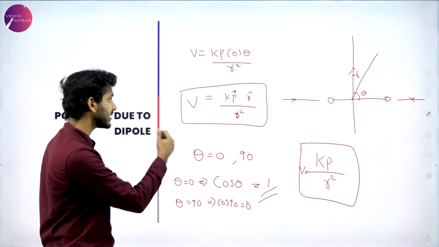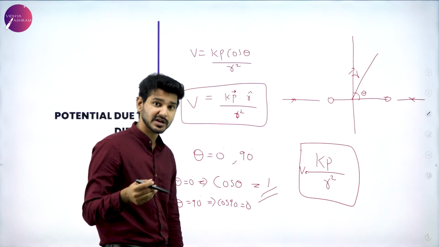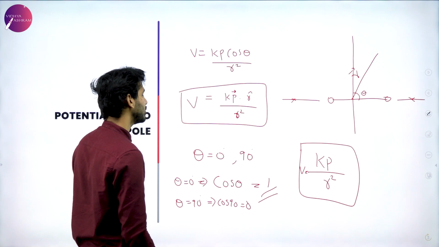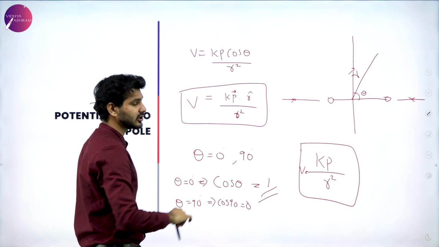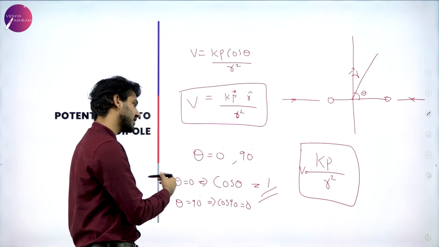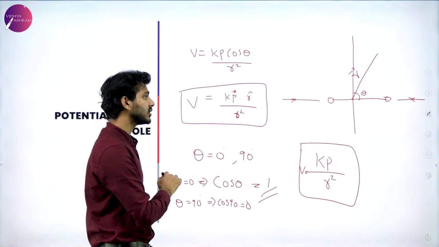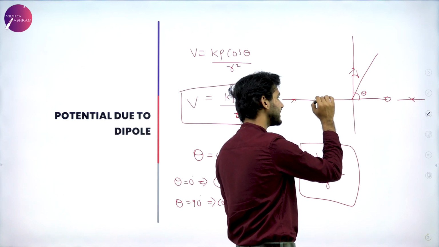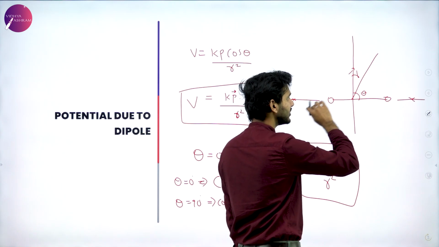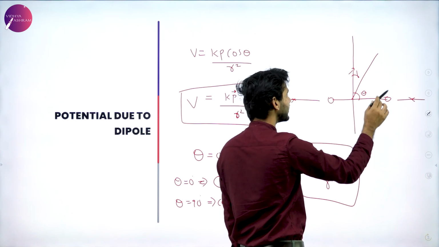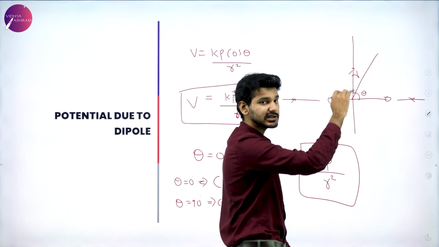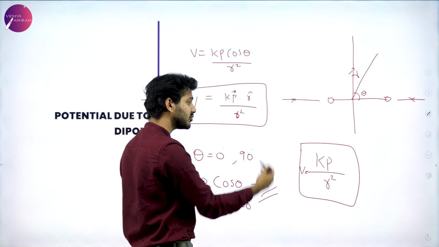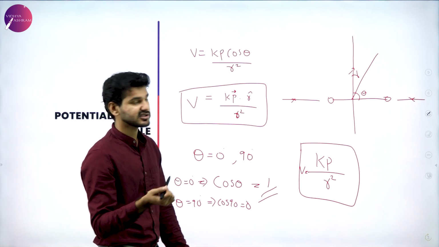And since there is an angle between them, we can calculate the maximum, minimum and zero points. Which just means that theta is equal to 0 degrees and theta is equal to 90 degrees. We have two cases. When theta is equal to 0 degrees, the vector R will be parallel to the dipole, that is along the axial plane, and along the axial plane the potential will be maximum, given by the equation Kp divided by R square.